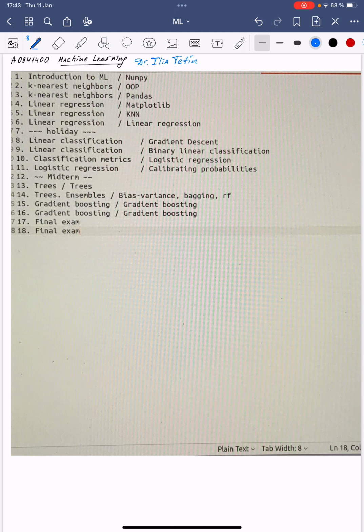So let's deal with the course content. First of all, in the first 3 weeks of our course, we lay a foundation of machine learning. We talk about the main algorithm, KNN, K nearest neighbors.